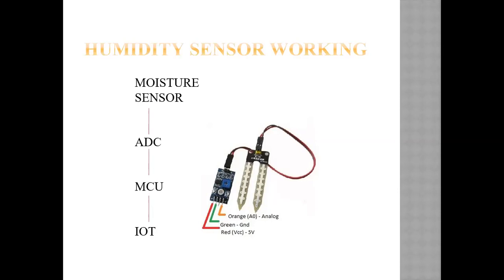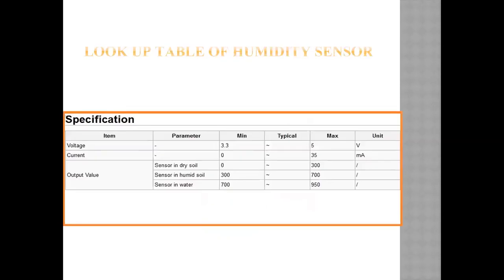I have shown here the 3-lead moisture sensor where the orange is the input where analog will be given. Green is ground. Red is the output, which comes to 5 volts depending upon the calibration of the output. I have also given here the ranges for the humidity sensor: voltage with a minimum of 3.3 volts, maximum of 5 volts.